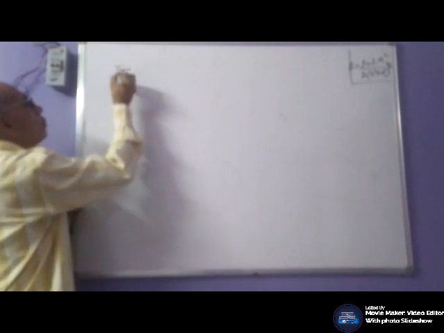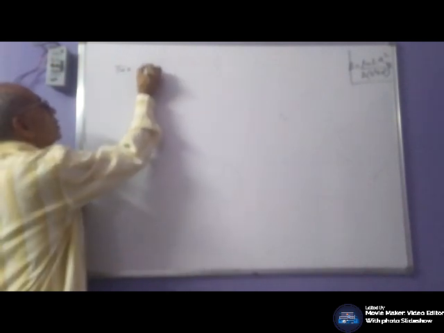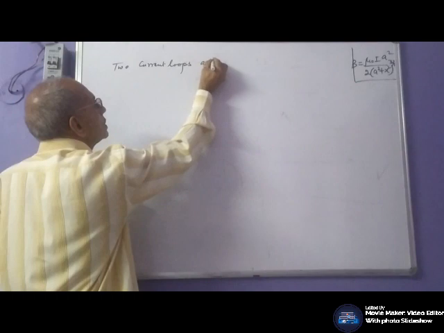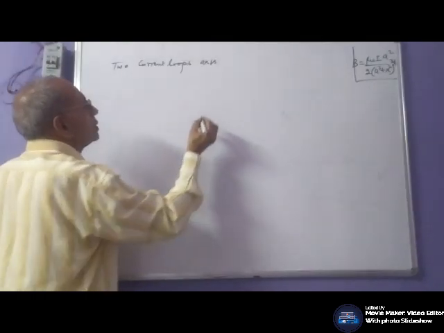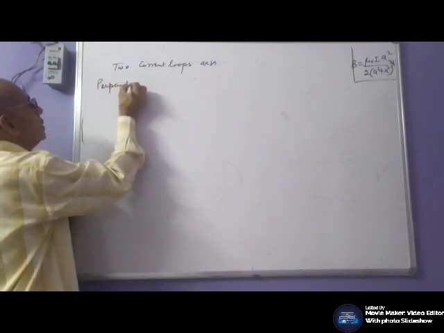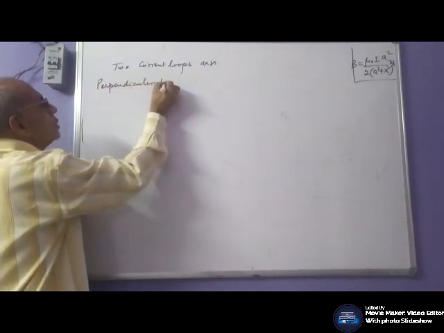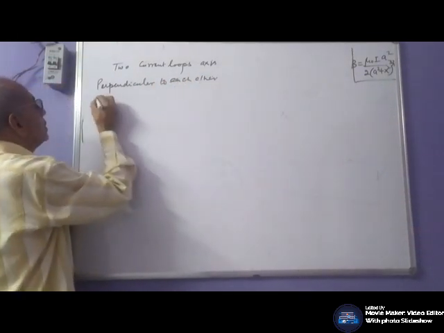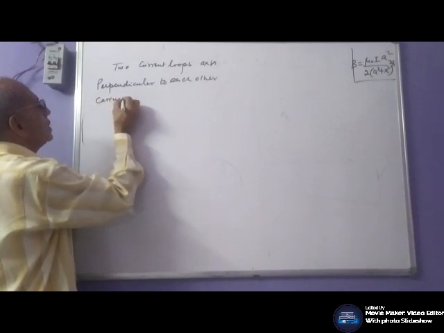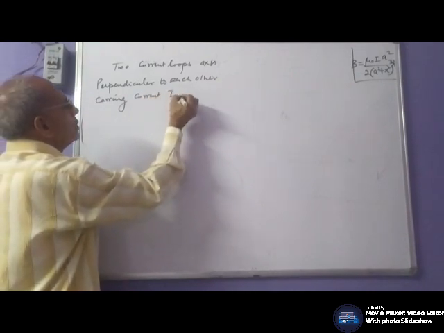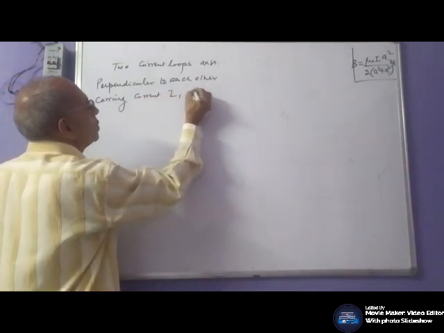Two current loops, axes perpendicular to each other, carrying current I1, I2.